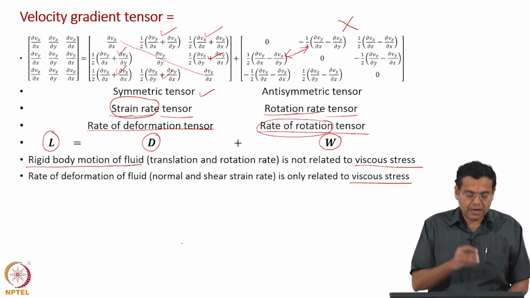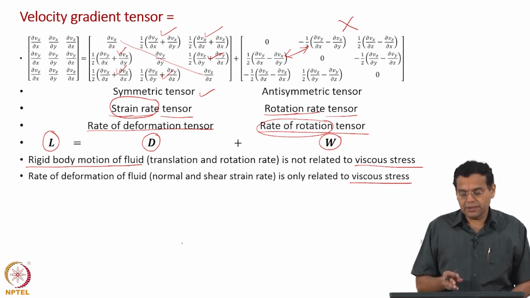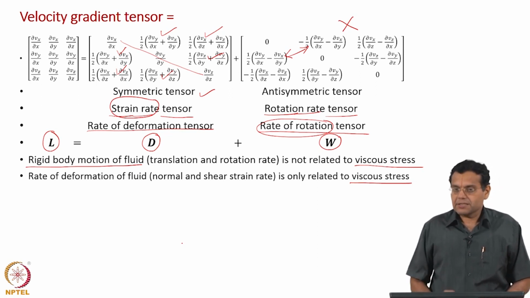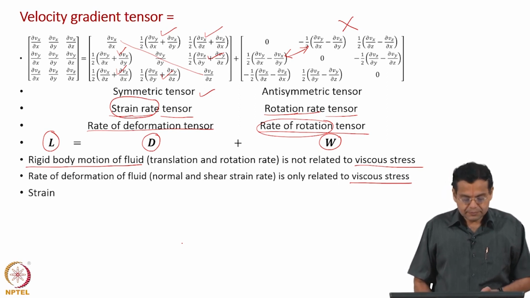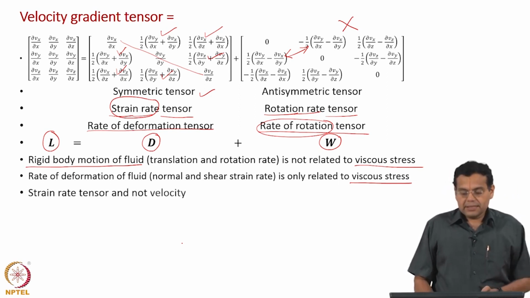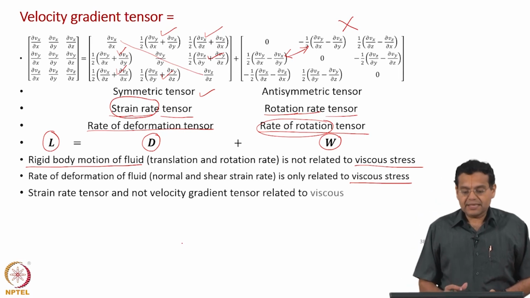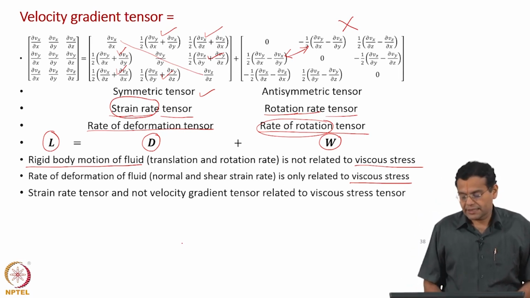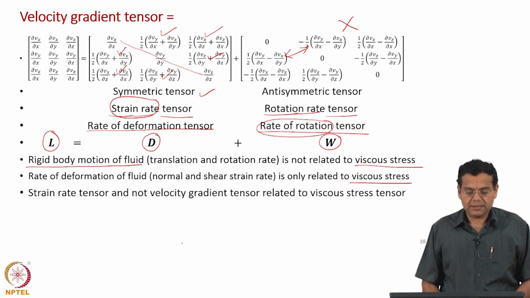So, we have to relate the rate of deformation of fluid and viscous stress, which means that the strain rate tensor, and not the velocity gradient tensor, is related to the viscous stress tensor.